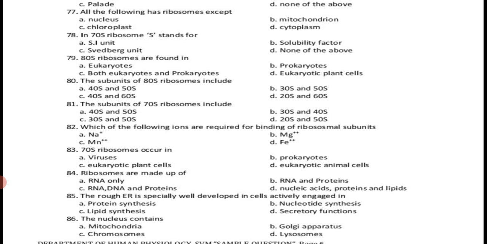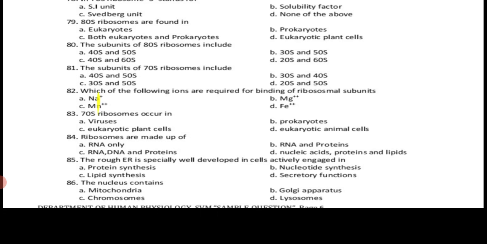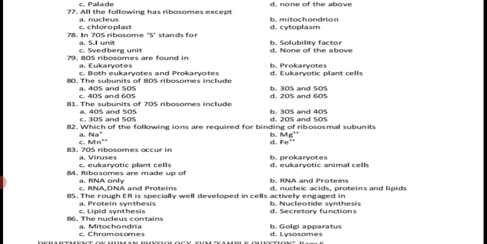So here the question is about rough endoplasmic reticulum. Option A, that is protein synthesis, is the answer of question number 85. Then question number 86. The nucleus contains chromosomes, and in a nucleus chromosomes are in a compacted manner.